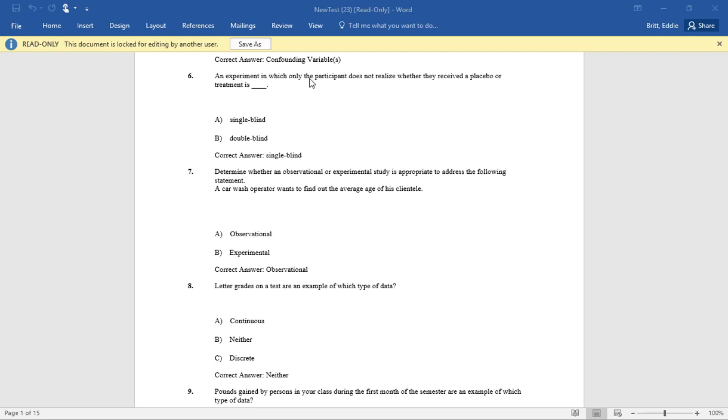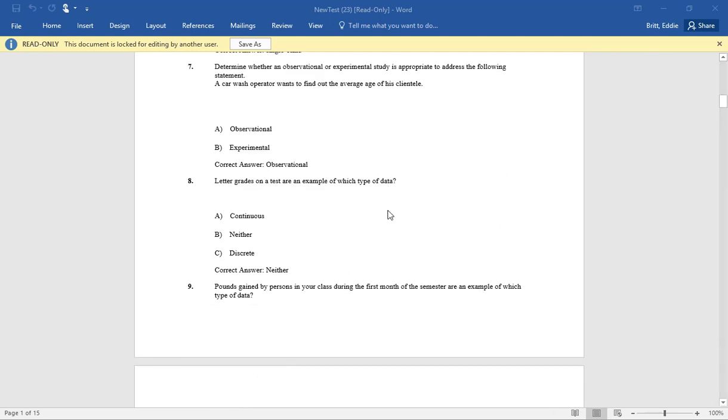If the person giving it and the person receiving the treatment don't know, then it's a double blind experiment. But if I'm conducting an experiment and I know whether you get the placebo or not, then it would be single blinded, because I know and one person doesn't know. That's you. If we both didn't know, it'd be double blinded experiment. Does that make sense?